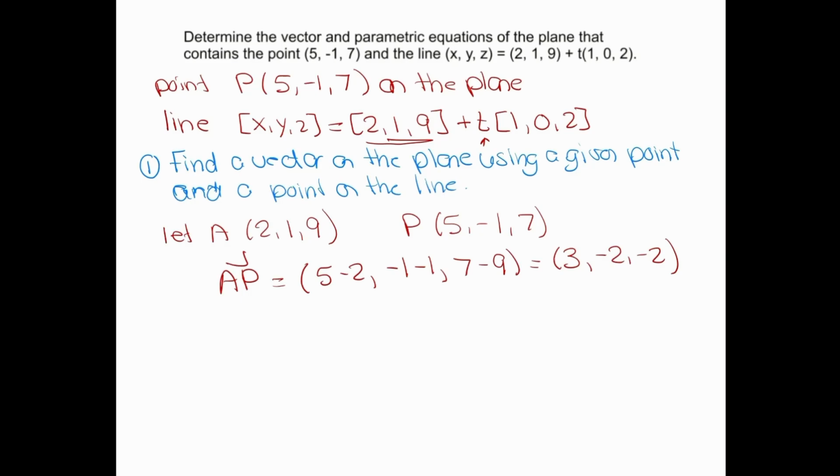Okay, so now we've found a vector on the plane using a given point. So now the next thing that we need to do, step number 2 here, is to find a second vector on the plane. And to do that, we're going to use the direction vector of the line.